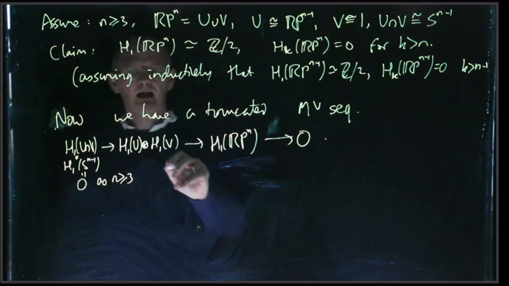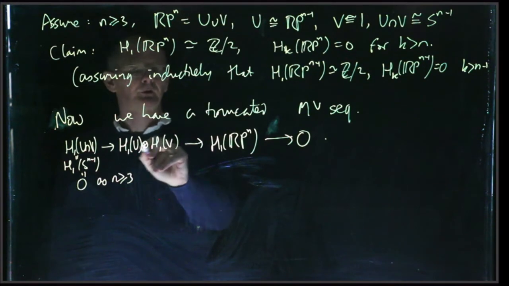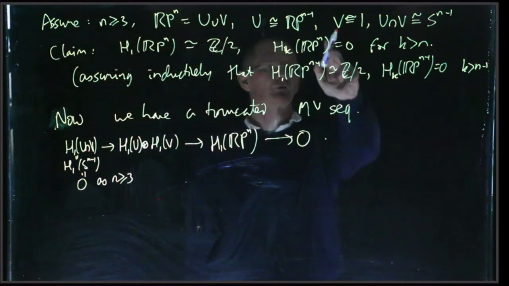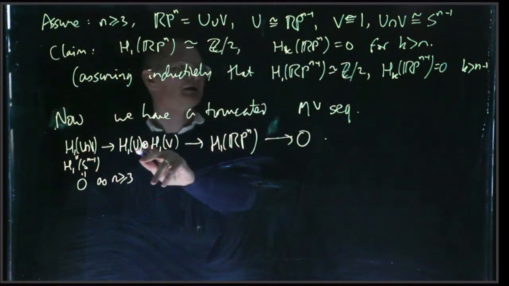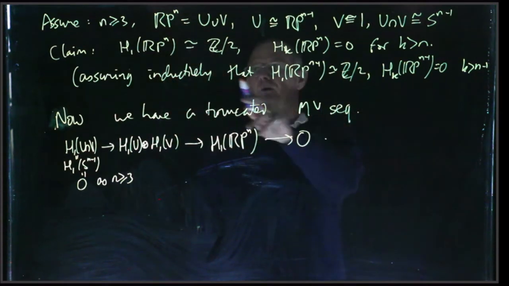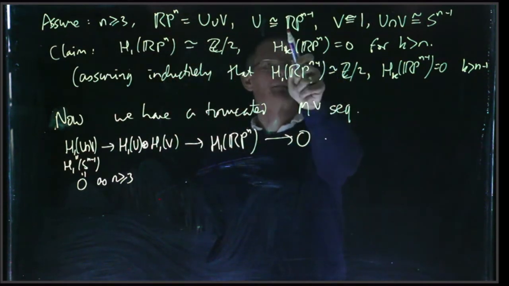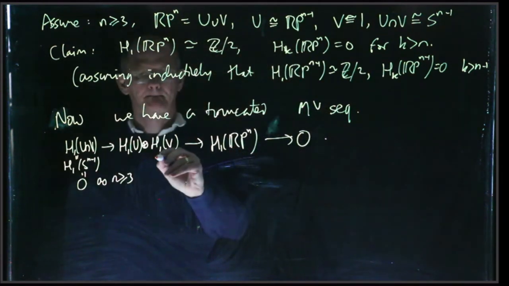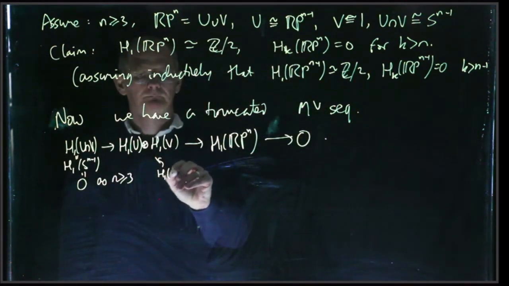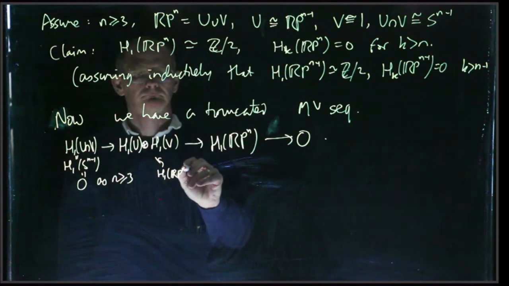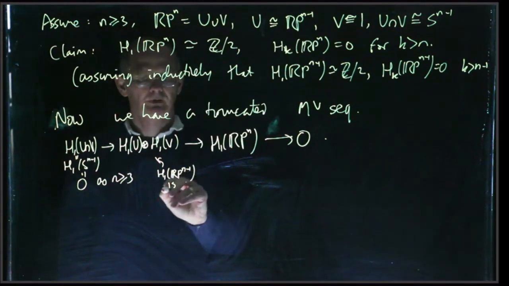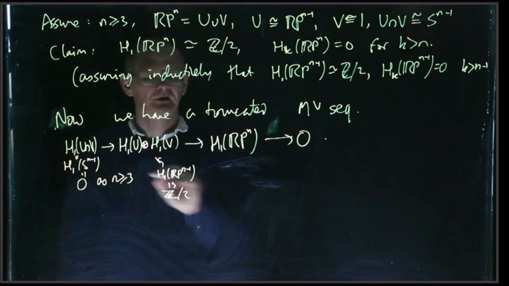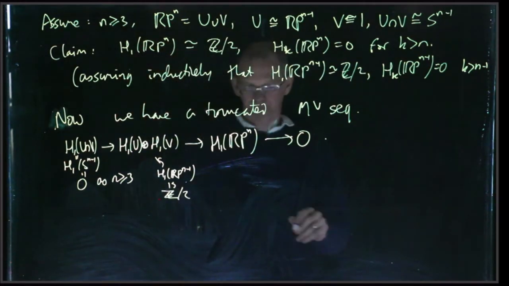Then here you've got your H1 U and H1 V. Well, V is contractible, so there's no H1 V, and U is homotopy equivalent to RPn minus 1, so that's a Z mod 2 by our induction hypothesis.